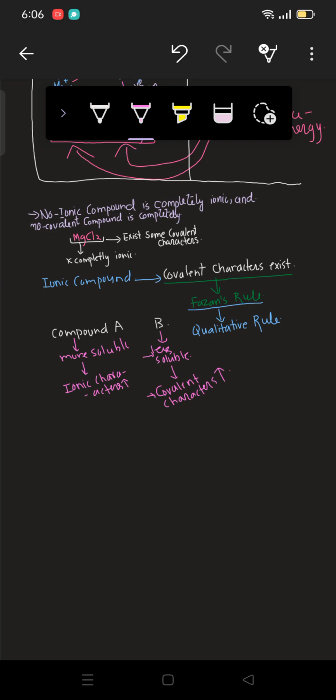So this is how you compare two ionic compounds, and identify which one is more ionic and which one is more covalent. So Fajan's rule is qualitative, not quantitative. In the next video, we will look at some factors by which we can identify which one is more ionic. So in the next video, we're going to discuss Fajan's rule in great detail.